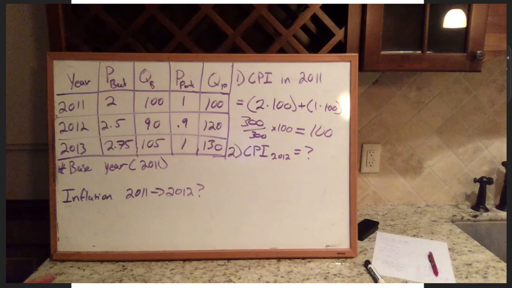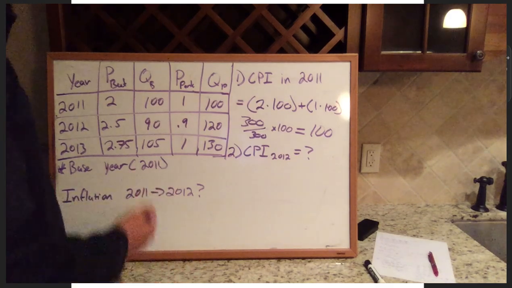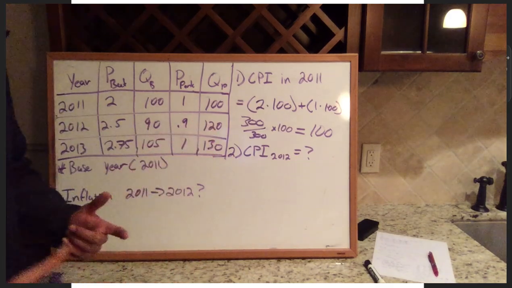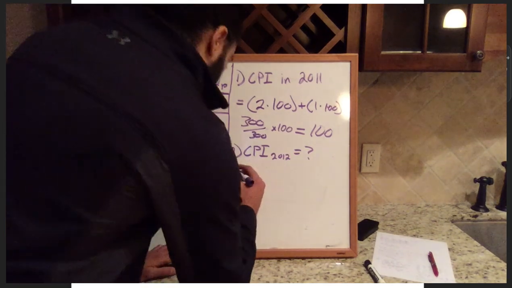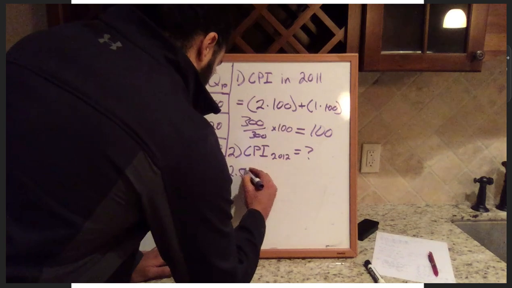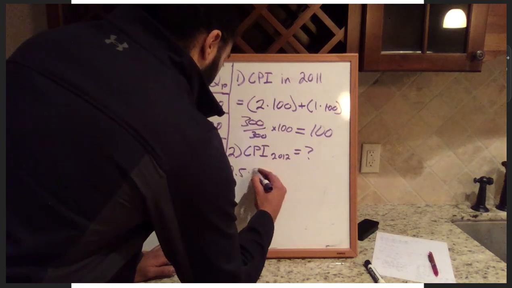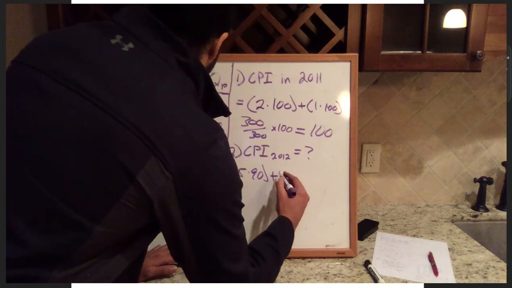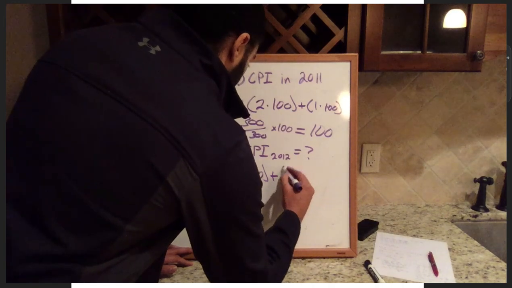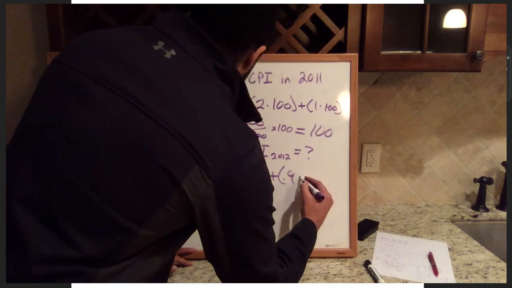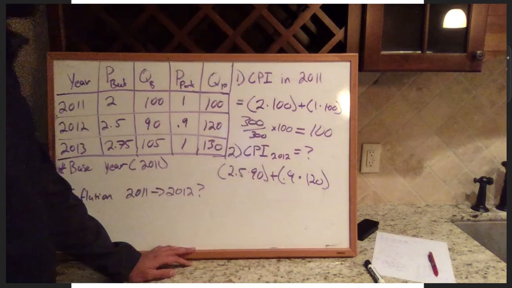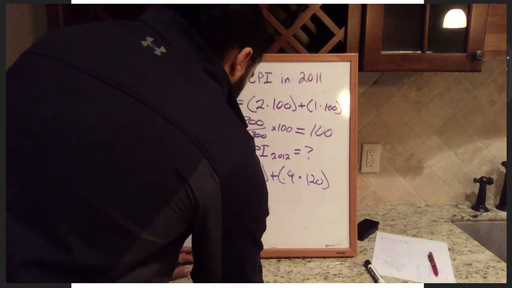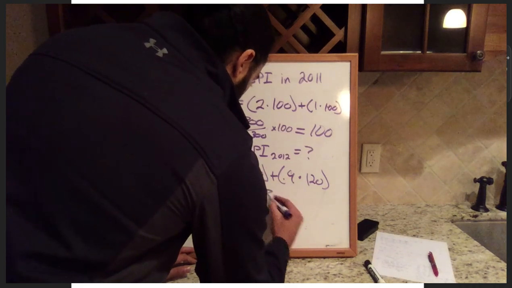Now we're going to calculate the CPI for 2012. We're going to look at this row. We want to first calculate the cost of the basket. So the cost of the basket is going to be 2.5 multiplied by 90, and then you're going to add 0.9 times 120. The cost comes out to be 333.